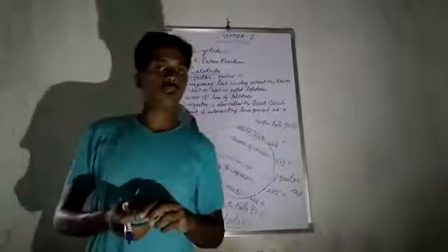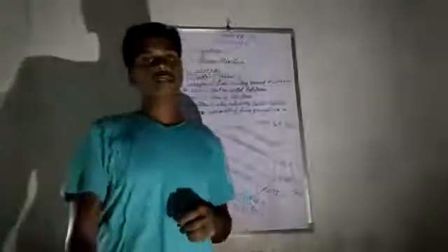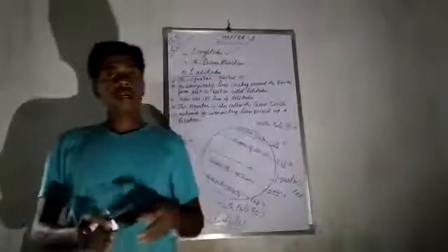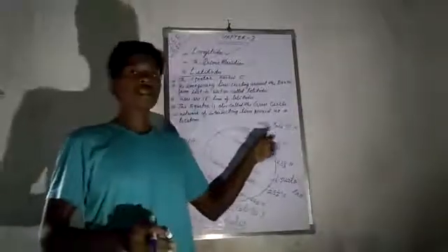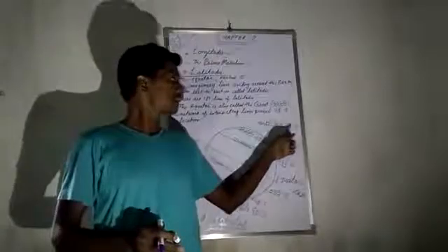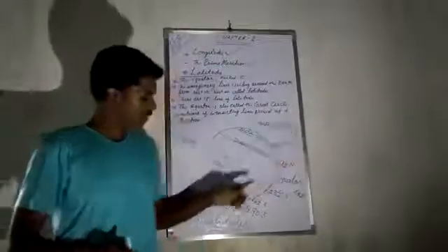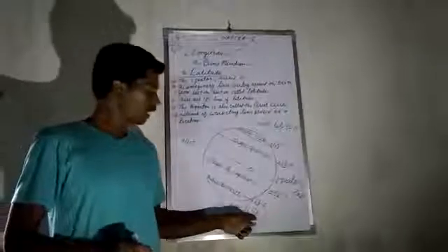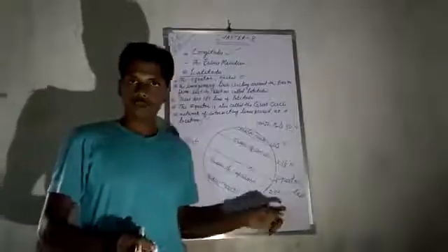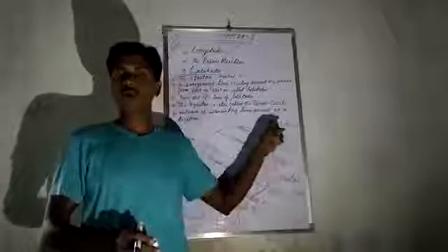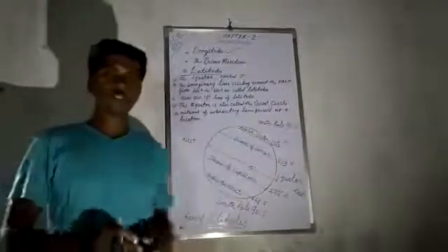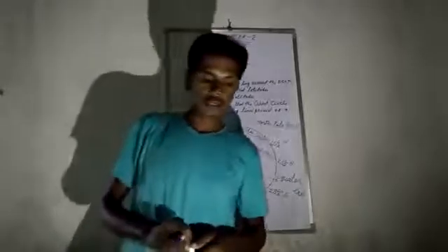The North Pole is represented as 90 degrees north, and the South Pole is represented as 90 degrees south.